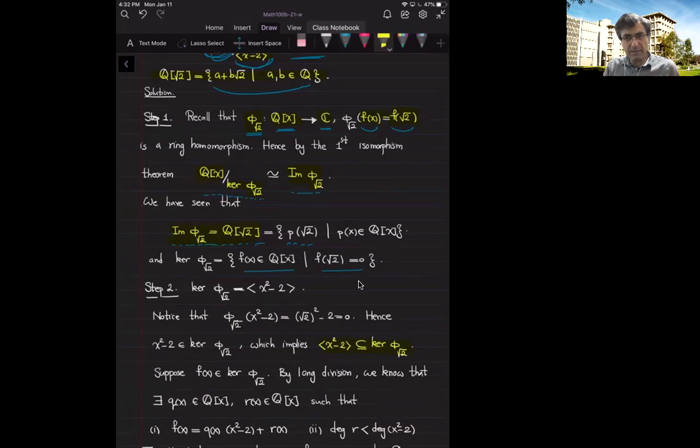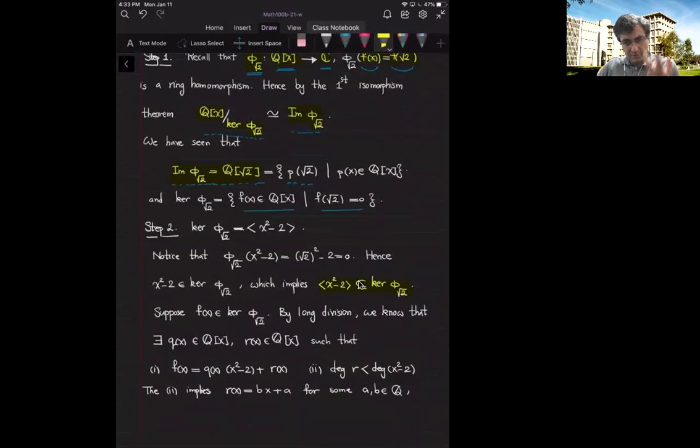Now I pick an arbitrary element inside the kernel, and what I'm going to do is divide it. I use long division, and I divide this polynomial by x squared minus 2. So I'm dividing f of x by x squared minus 2, and I get a quotient and a remainder.